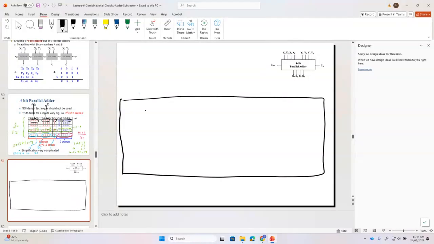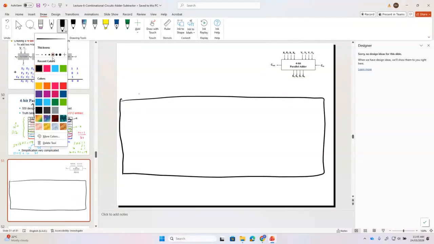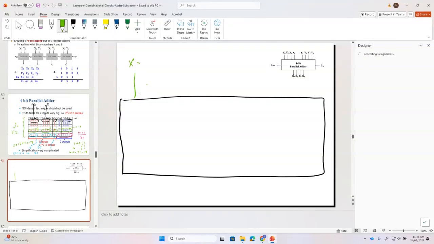Okay, now we have the first input. And I'm using different colors, so please be attentive. The first input is X3, X2, X1, and X0. Any question? And the second input is Y3, Y2, Y1, and Y0.